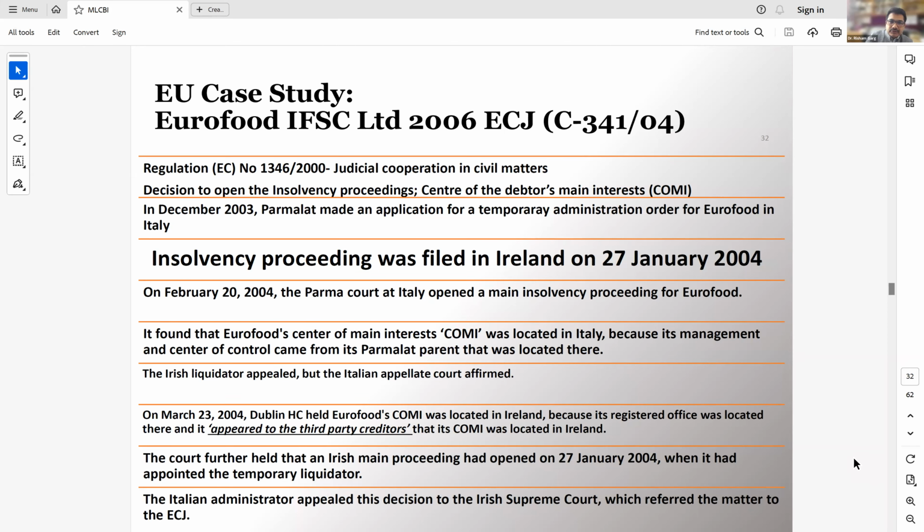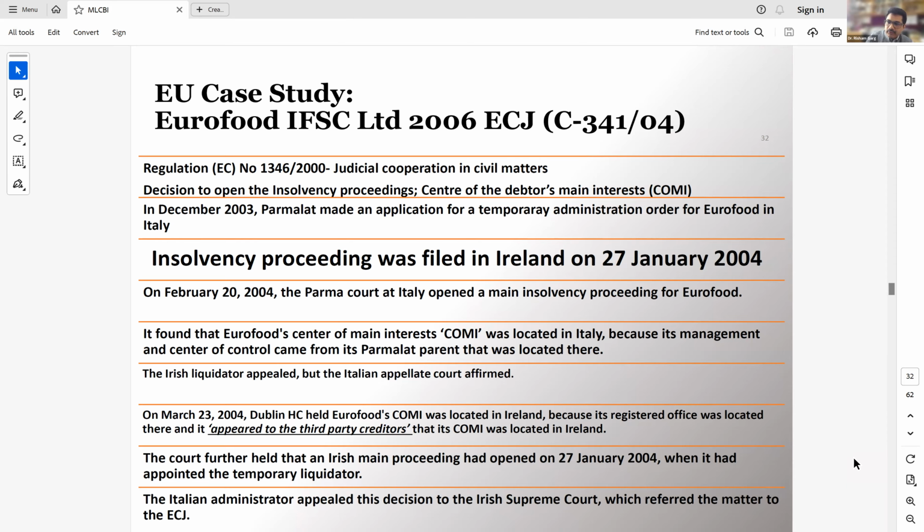Now, this Eurofood was a subsidiary, like an SPV, special purpose vehicle, and the holdco name was Parmalat.